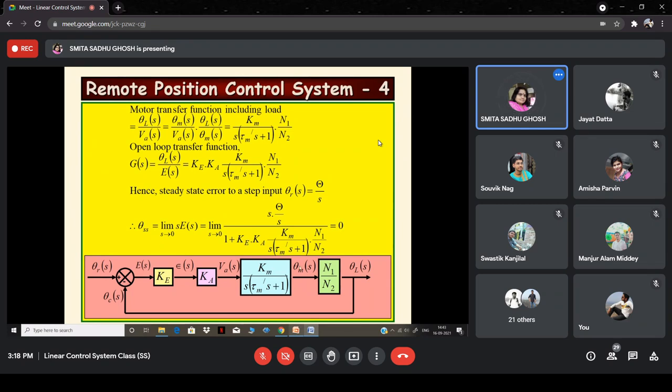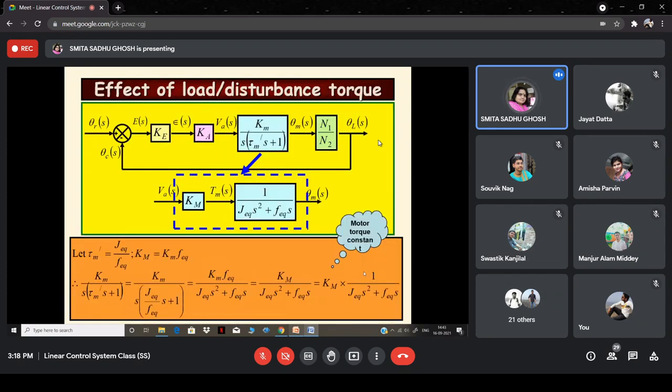This is how the system achieves the task of following a given target. The input command can be given manually, which is what I've discussed so far. It may also be given automatically, in which case the output will automatically follow the input.